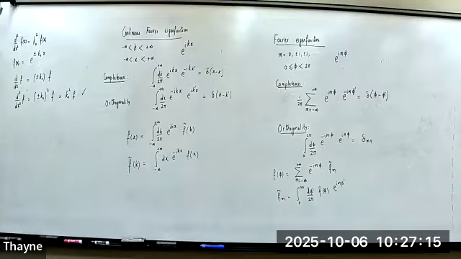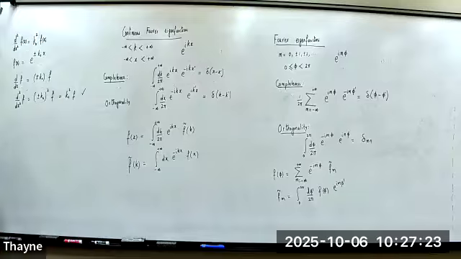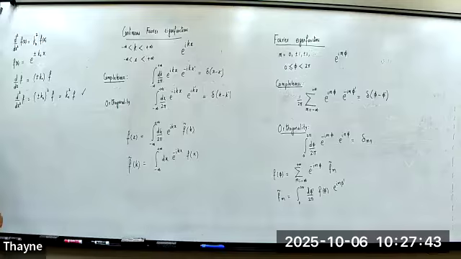But let's try to do this in some other way. It is a simple case, but let's try to do this using Fourier transform. Let me complicate this a bit. So this is a differential equation.